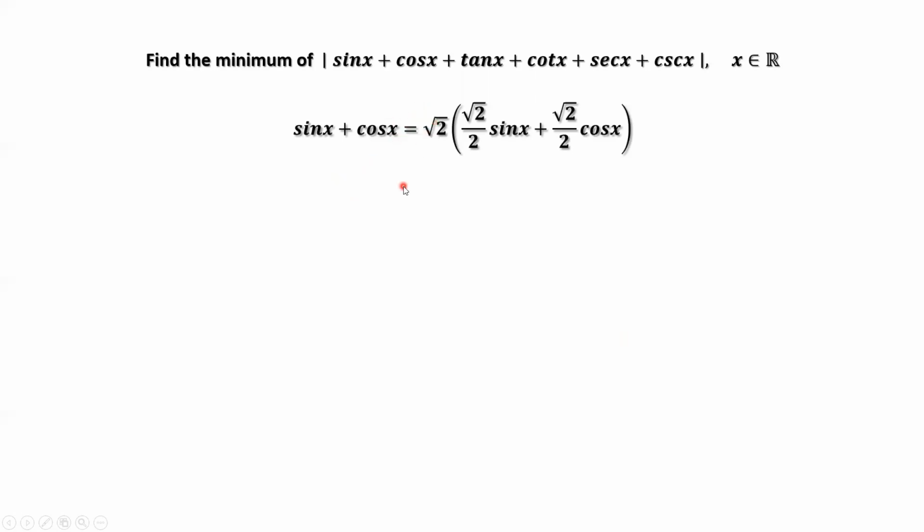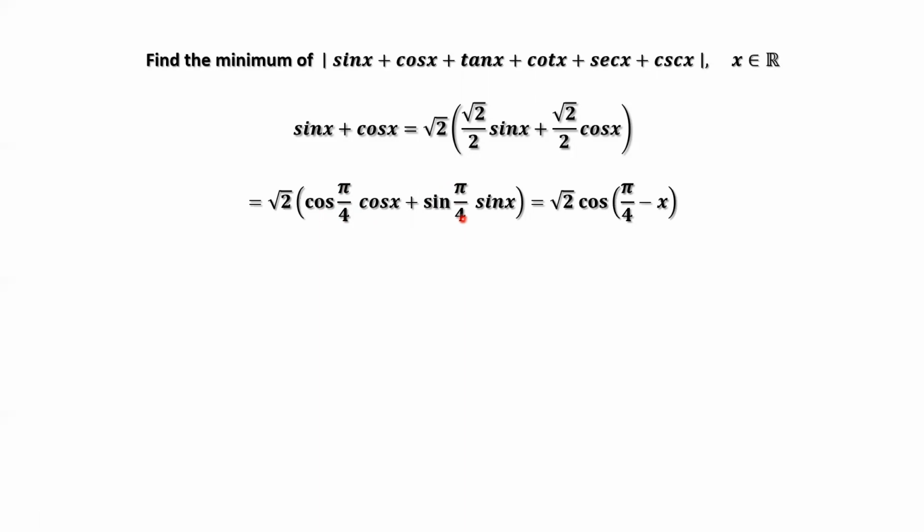This equation is always true. You can simply check the algebra here. Square root of 2 times square root of 2 over 2, which is what? Why are we doing this? We can rewrite square root of 2 over 2 as cosine of pi over 4, as sine of pi over 4.